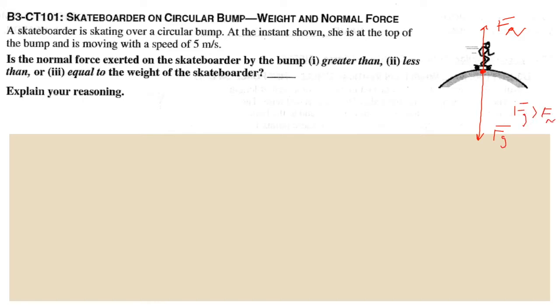Because the net force has to be toward the center of the circle. And if the net force is toward the center of the circle, the only force that's acting toward the center of the circle is Fg. So the normal force has to be smaller than the weight. The weight has to be bigger than the normal force, because when you take Fg minus Fn, we need to get a number that's greater than 0.